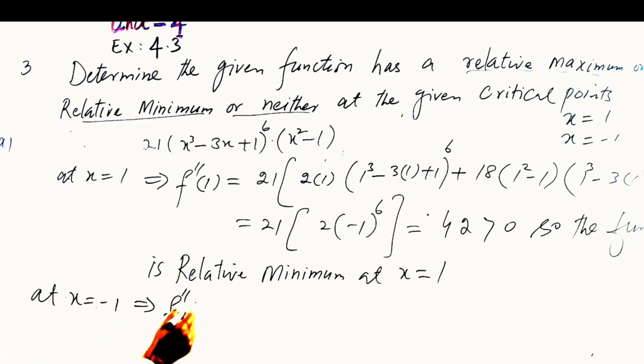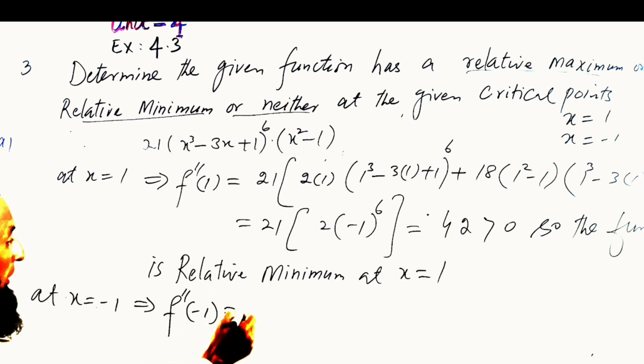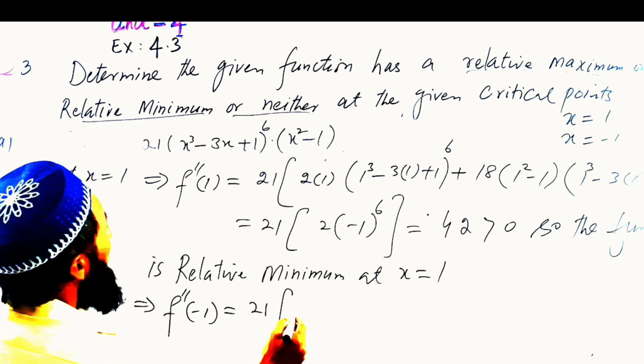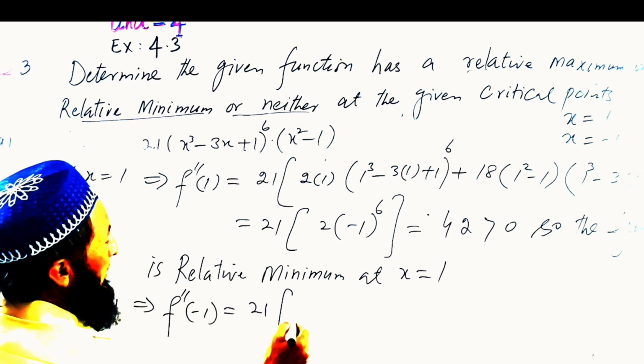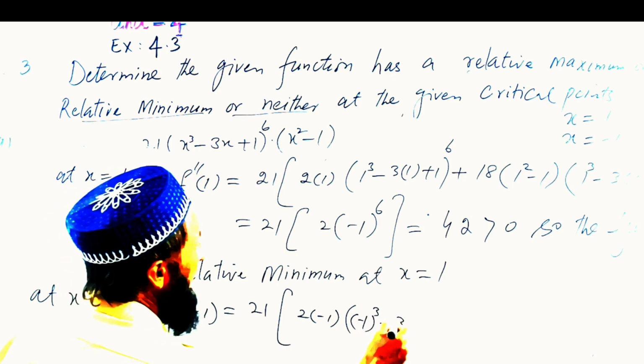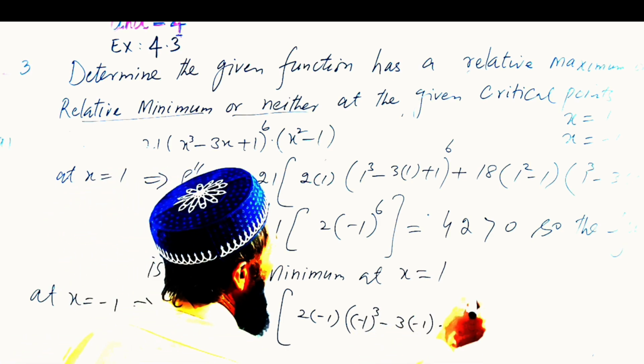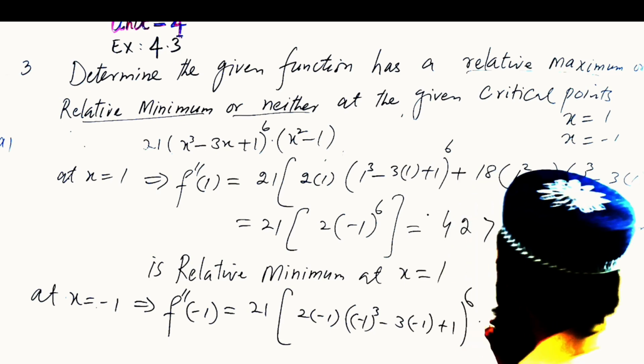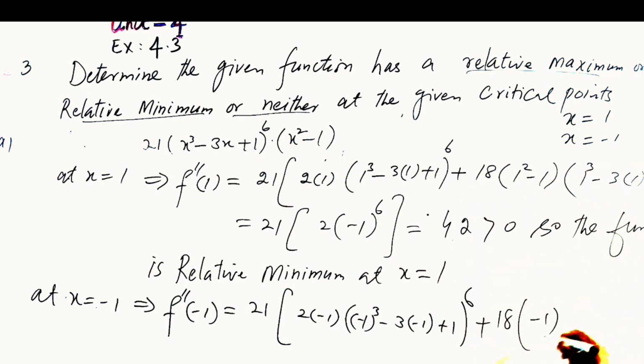Then f double dash of minus 1 is equal to 21 and 2 into minus 1 into (1 minus 1 cube minus 3 into minus 1 plus 1) whole power 6 plus 18 (minus 1) whole square minus 1 into (minus 1 whole cube minus 3 into minus 1 plus 1) whole power 5. This is again 0, this term is 0.